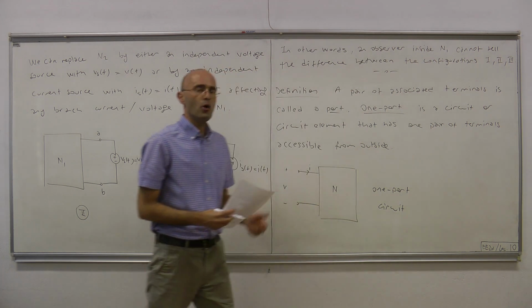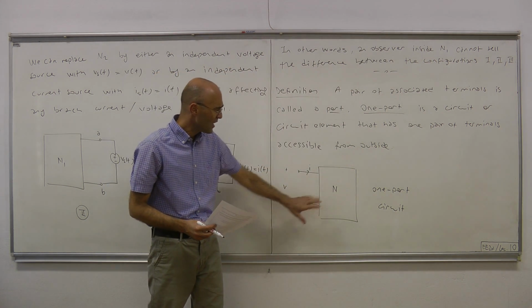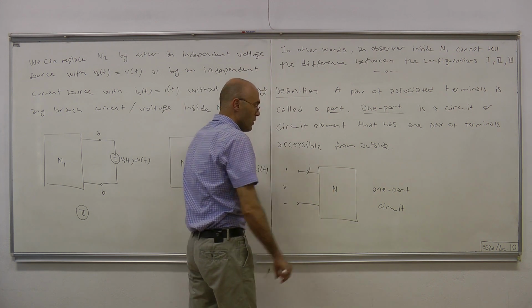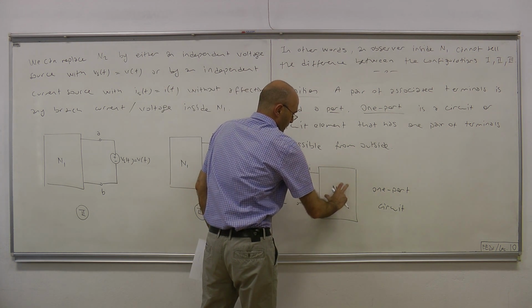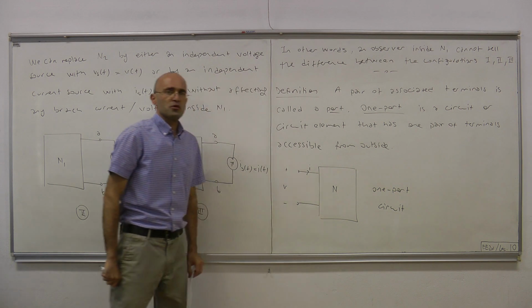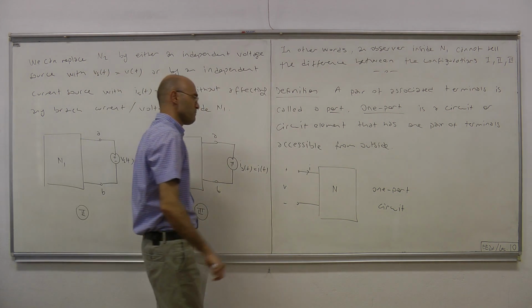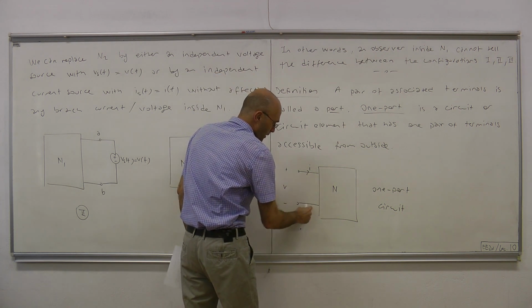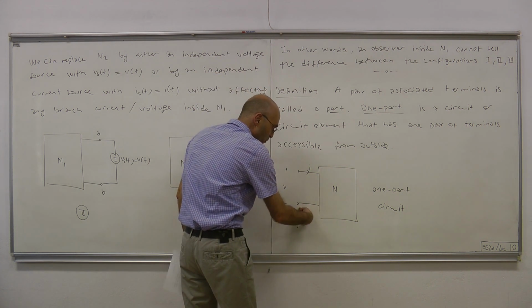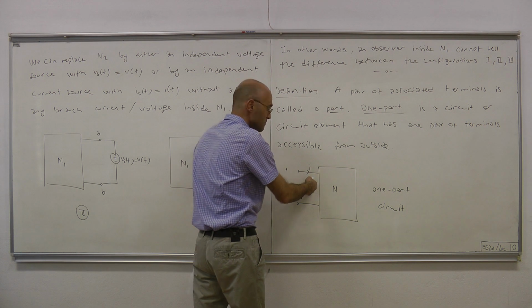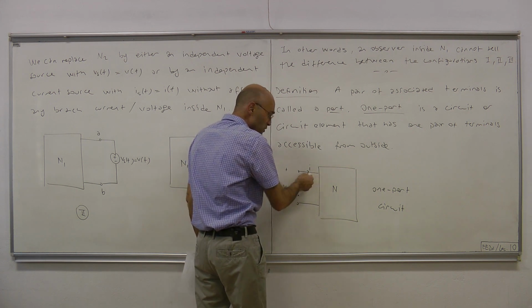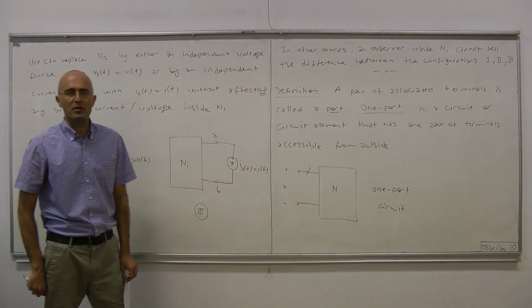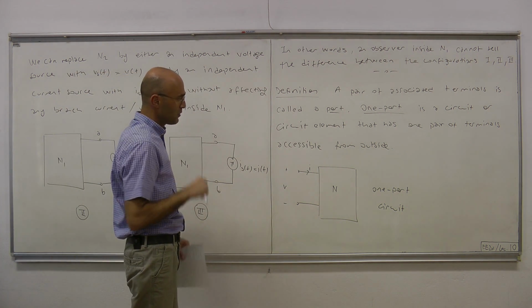Okay. Now, since there is no other way except for those two wires that this one-port circuit communicates with the outside world, from KCL, this current here must be in that direction, I, okay? So that I, whatever enters from one of the terminals, must be leaving from the other terminal. Okay, simple consequence of KCL.